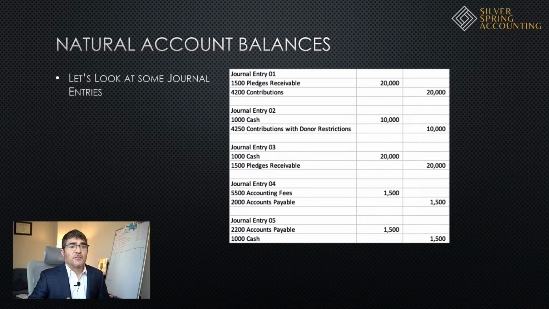And then journal entry number 4, we're getting onto the statement of financial position accounts. We've got accounting fees. We pay our bookkeeper on a monthly basis, and we need to accrue those fees in a payable.